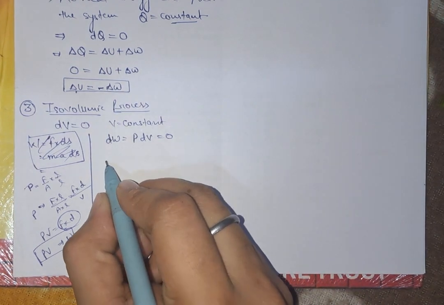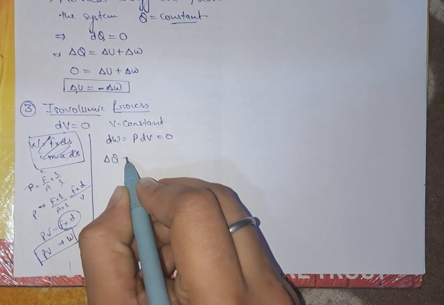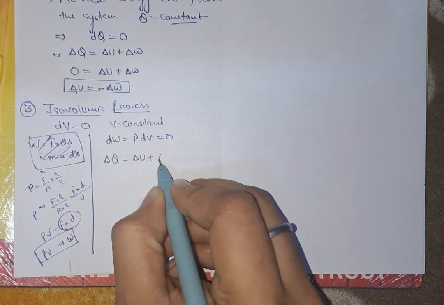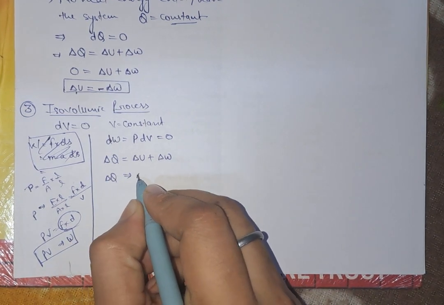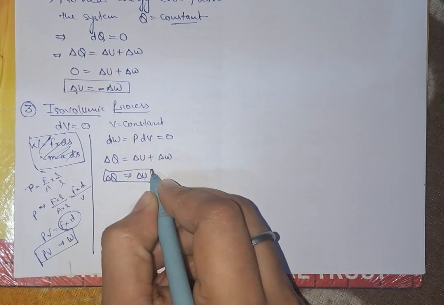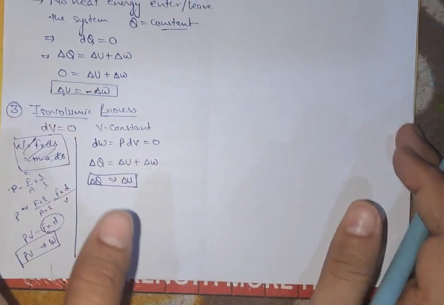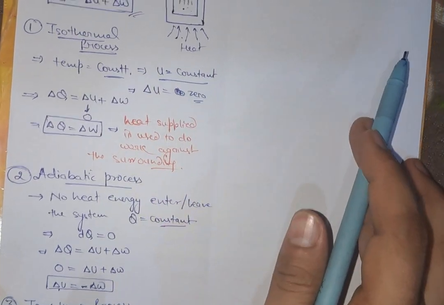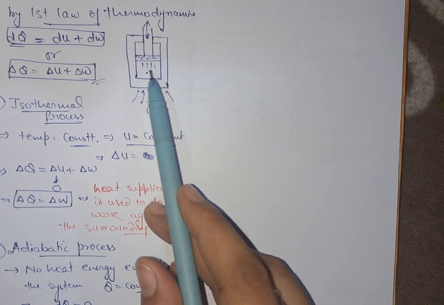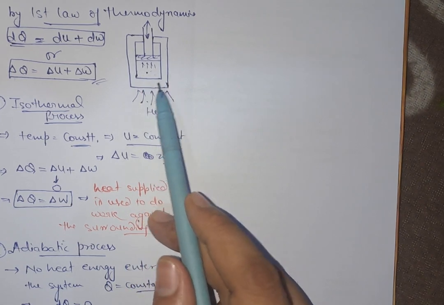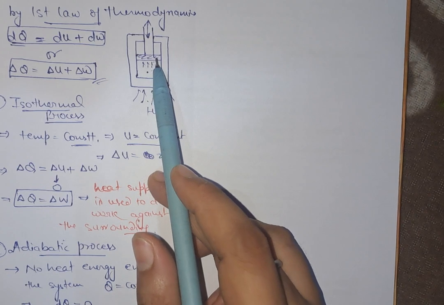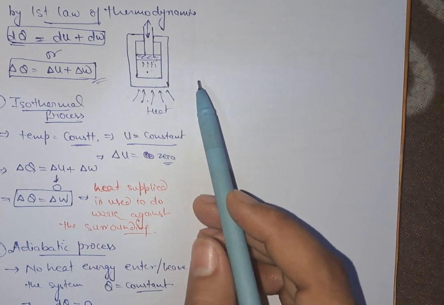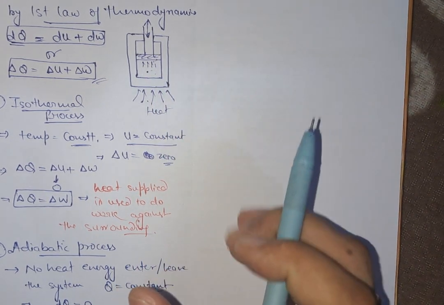And if this dW becomes 0, then delta Q is equal to delta U plus delta W, which means delta Q is equal to delta U. Whatever heat is given is only and only getting converted into internal energy, and no extra work is done by the system to push or pull the piston.